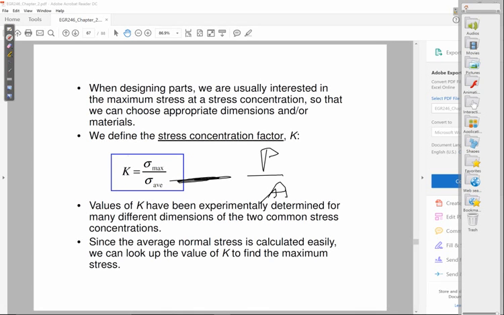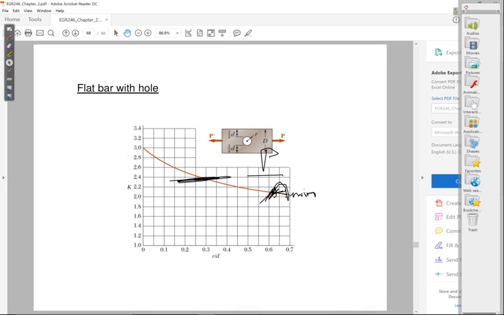Where you take the area of the smallest cross section, P over your A minimum, okay? And the way this works is you go to these plots that you can find in your textbooks or in your engineering handbooks. And these plots will tell you what your stress concentration factor is.